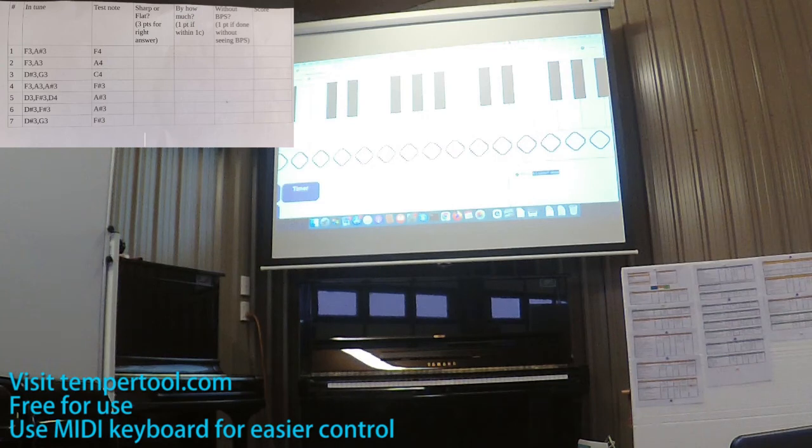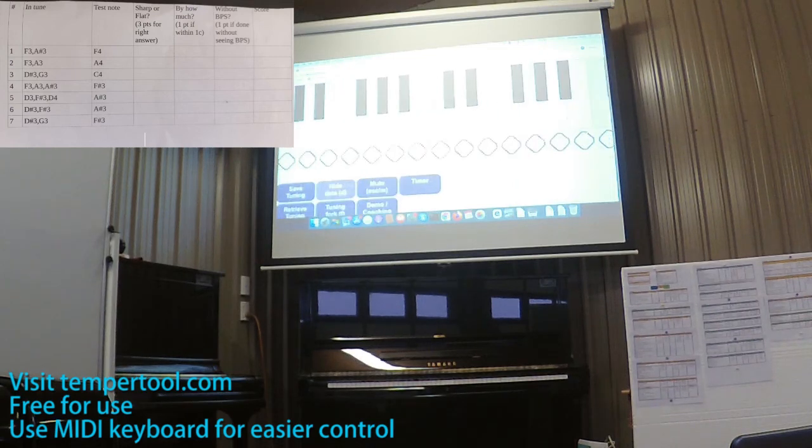If those two are correct and you've got the same beat rate here, you're 4 cents out. Which gives you an inverted major fourth because you've gone past the pure. It'll still sound about right, but it's in the wrong direction. So that's that one.